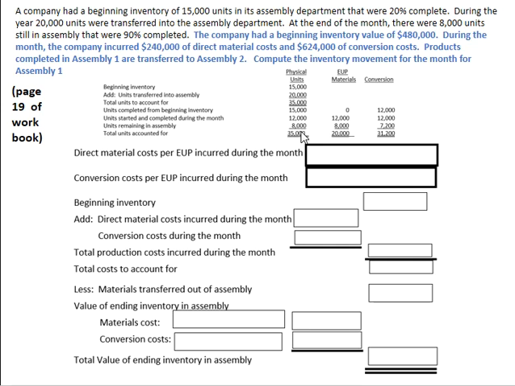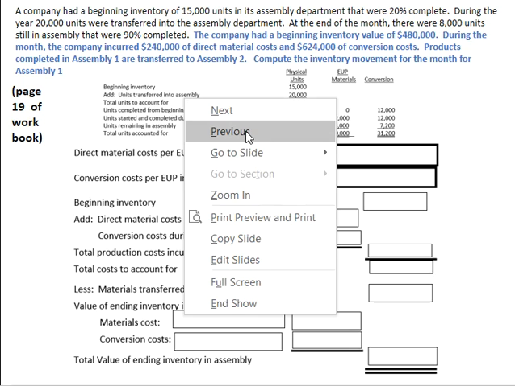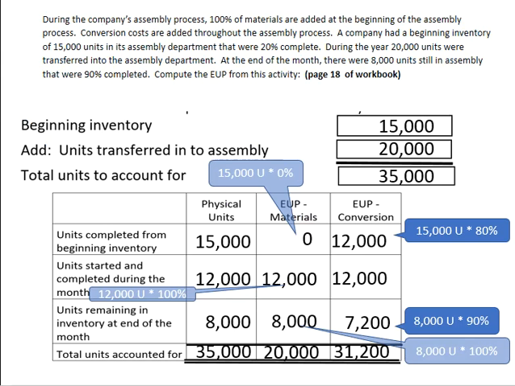This information shouldn't be that hard to understand, because we performed this in our previous slide, this exact same information. The 15,000 plus the 20,000 equals 35,000 units to account for. And then the total units accounted for 35,000.